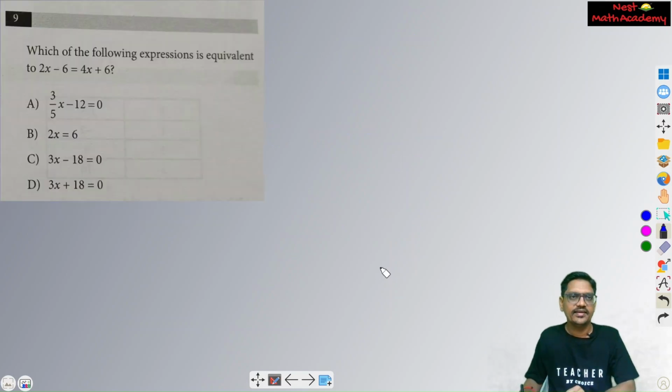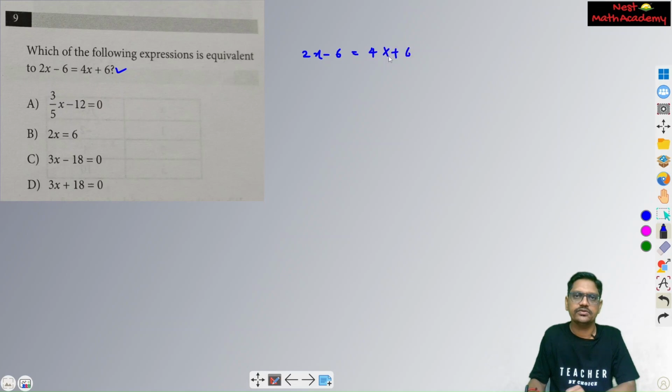Question number 9. Which of the following expressions is equivalent to the given equation? Okay, simple single variable equation. Start with the given thing: 2x minus 6 is equal to 4x plus 6. To simplify, I can subtract 2x on both sides and subtract 6 on both sides, or else add 6.